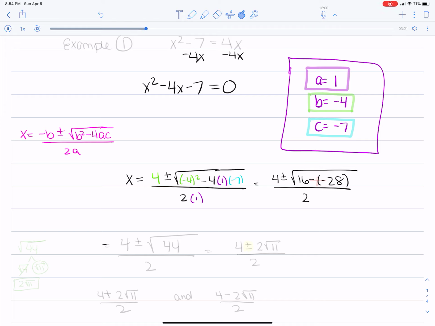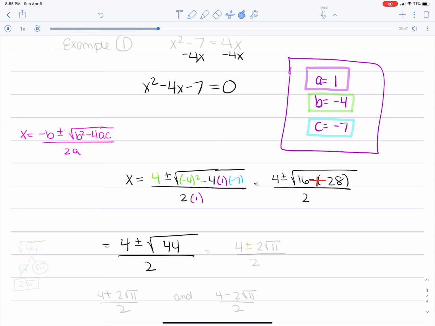I'm going to rewrite it down here, my next step. So we still have 4 plus or minus the square root of, well, remember when we have a negative minus a negative, make it a super plus so they become positive. So I have 16 plus 28, which gives me 44, and that's all over 2.